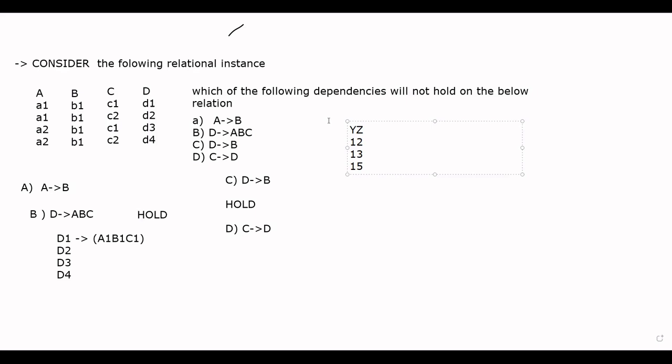You have to consider these things as a table. You have to draw the table here, then place the A value there. Ma'am, the answer is C. Just wait, I'll tell you.